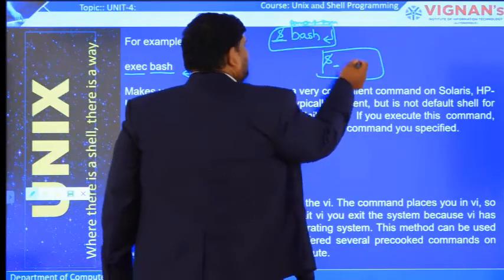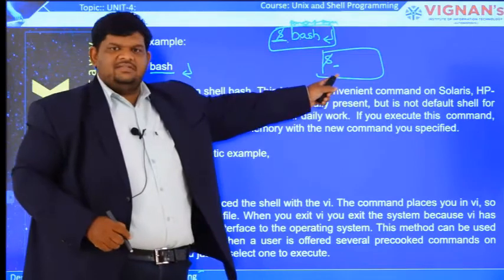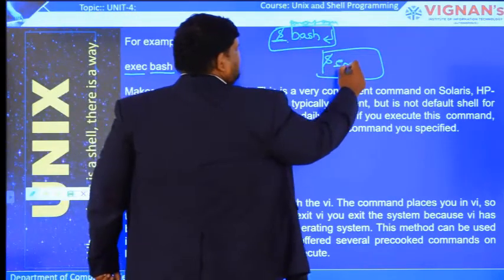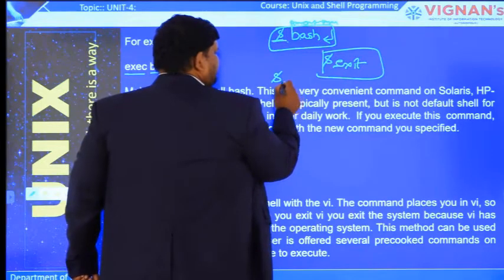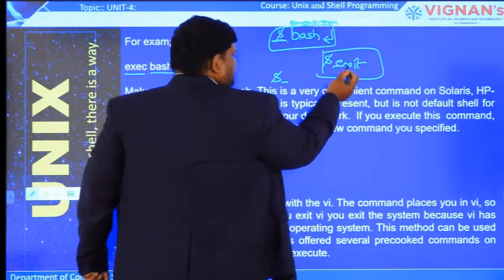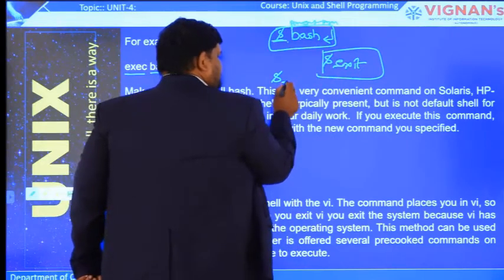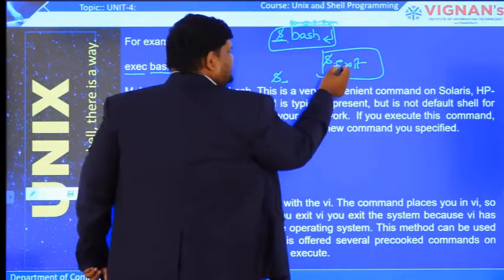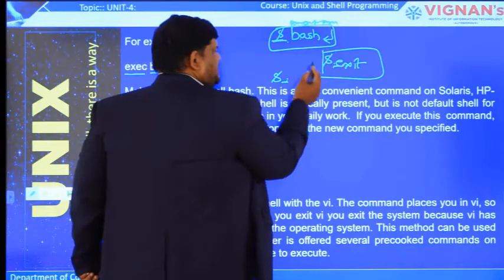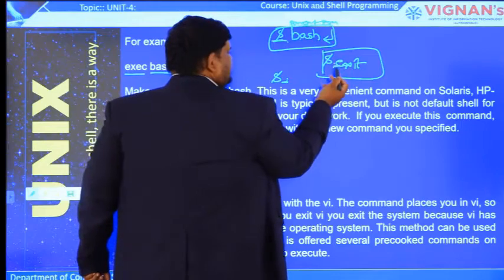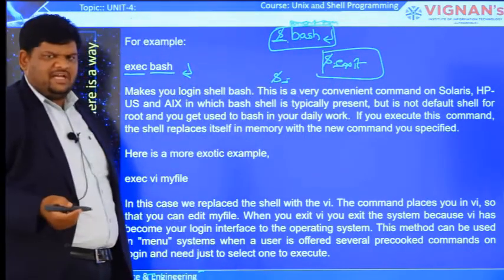That means now you are in the child process; this is the parent shell and this is the child shell. When you type exit, what happens? Again we can see the dollar prompt with the cursor. That means it will exit from the new process and come back to the old process, or exit from the child process and get back to the parent process. That means it will come out from the child script to the parent script. So this is without the exec command.